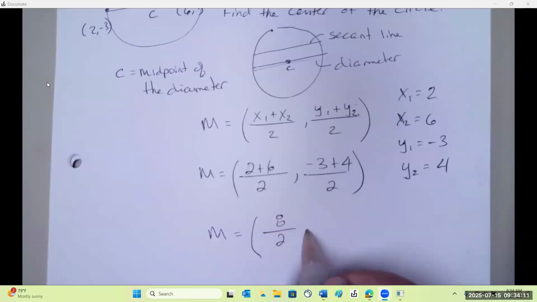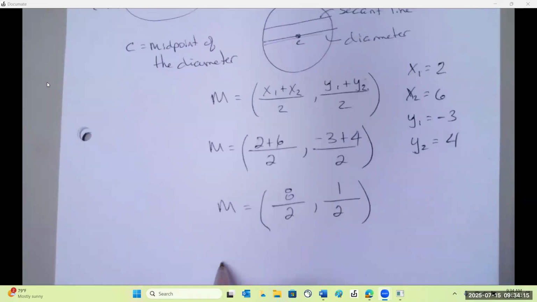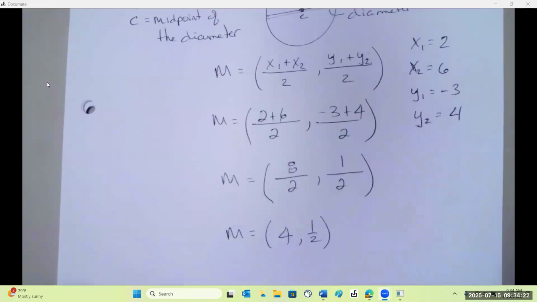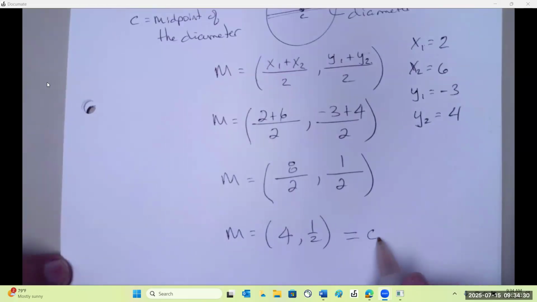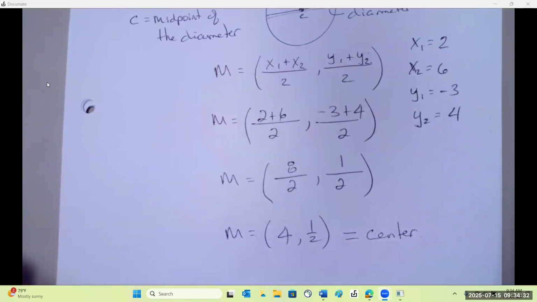Eight over 2, 1 over 2. So there's the midpoint, which also tells us it's the center of the circle.